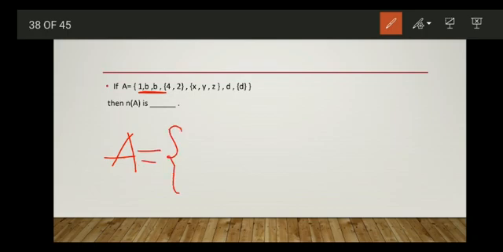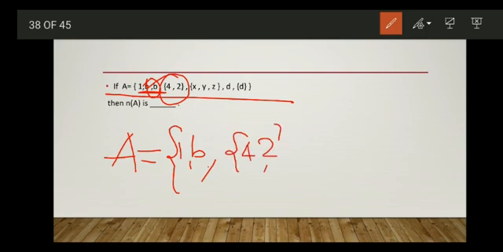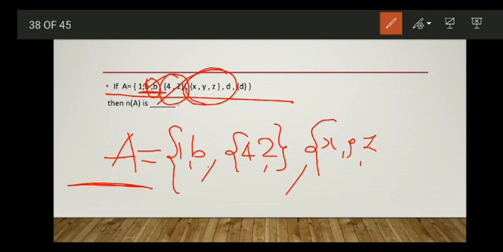A is equal to {1, b, ...}. Since b is already written, we are not going to write this b again. In this collection, the set {4, 2} is an element, so this set is one of the elements. The set {x, y, z} is another element, which means the set A is a collection of elements like this.